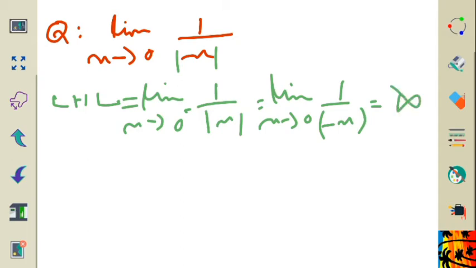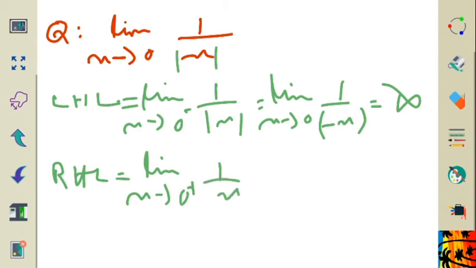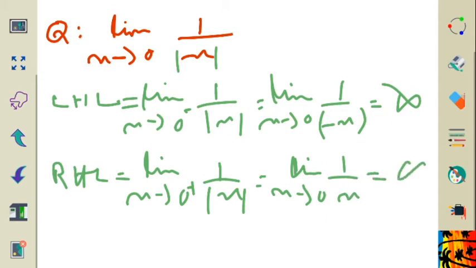Clear? Similarly, RHL is limit x tends to 0 plus 1 by mod of x, which is equal to limit x tends to 0, 1 by x, so value is infinity.